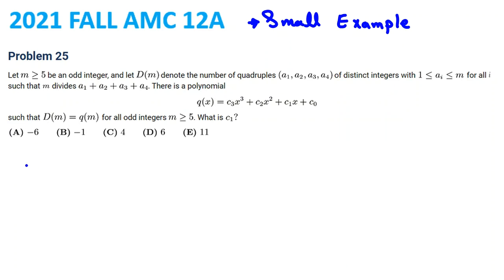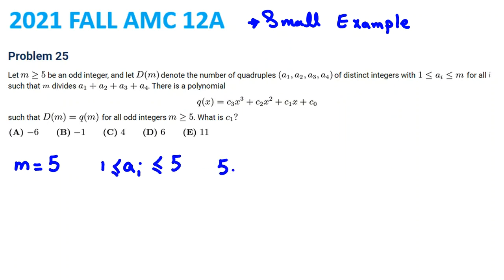So here, the smallest case that I can check is m equal to 5. And dm denotes the number of quadruples. So for ai, we have a1 to a4, and ai are from 1 to m, which is 1 to 5.